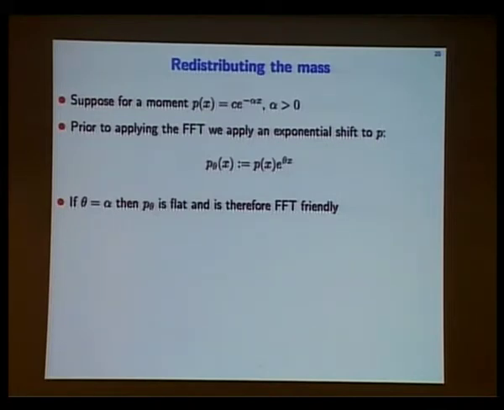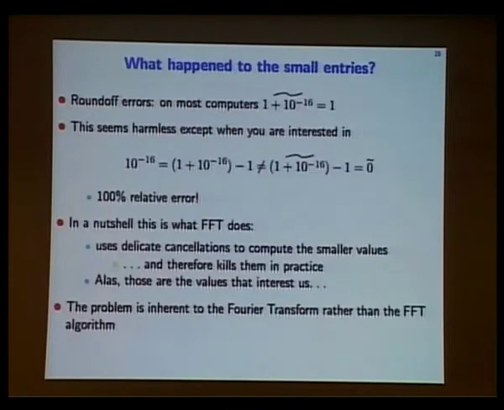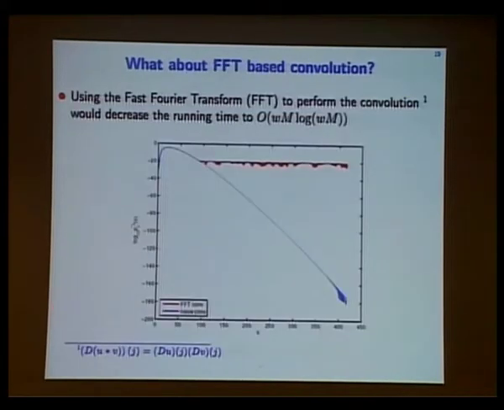Because if you go back to looking at what's happening here, the problem is that you're trying to recover a huge dynamic range. This is log 10, so you're trying to recover a dynamic range of about 180 digits. You cannot possibly do that with the Fourier transform, because working with double precision in any modern computer gives you about 16 digits of precision.